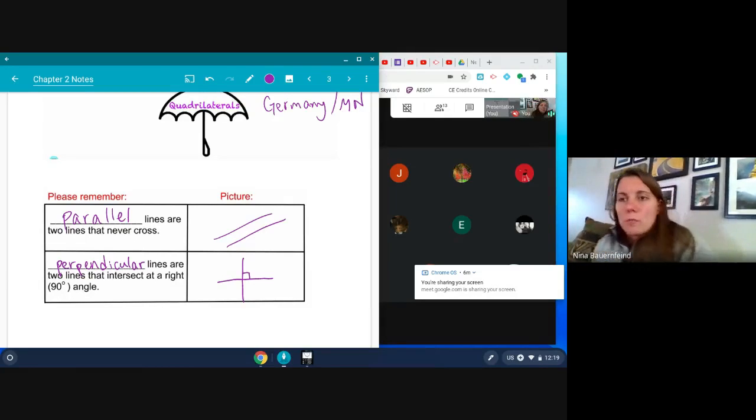So just a reminder: if two lines never cross, they're called parallel. And if they cross at a perfect 90-degree corner, they're called perpendicular. You guys have questions about those couple words there?